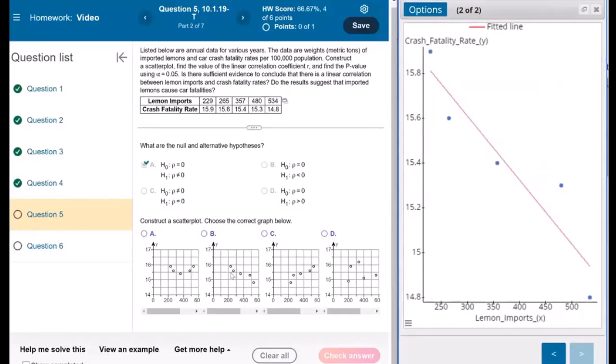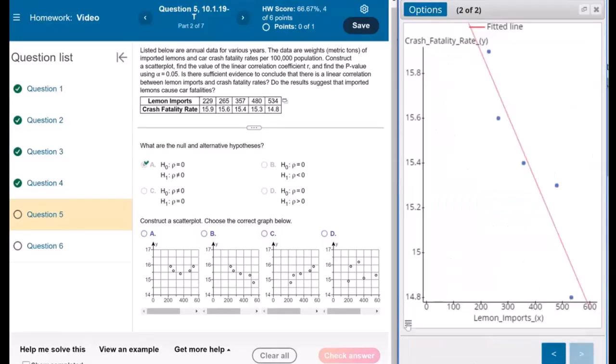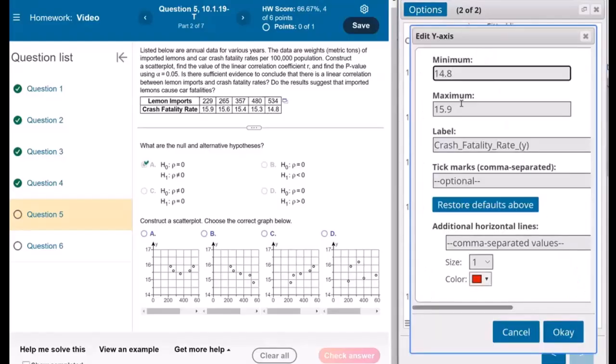It doesn't look like this. Do you want to put it on the same axis? That'll make it easier for us to tell. I'm just clicking here, by the way, on these 3 dots, and then going to x-axis, and the x-axis is going from 0 to 600, and then my y-axis is going from 14 to 17.